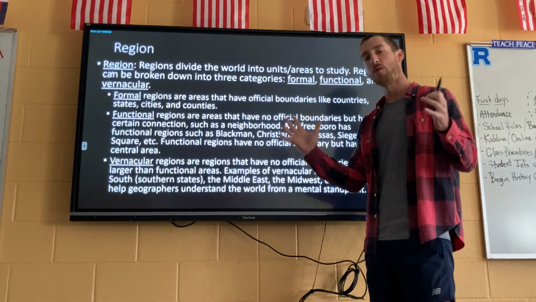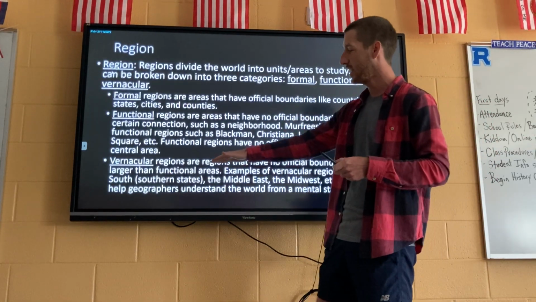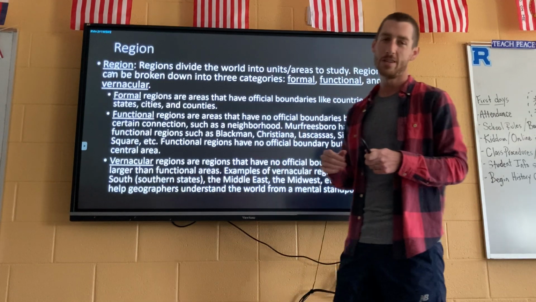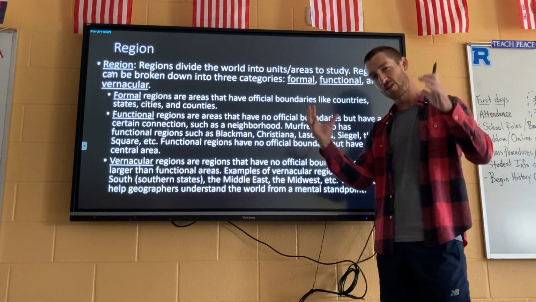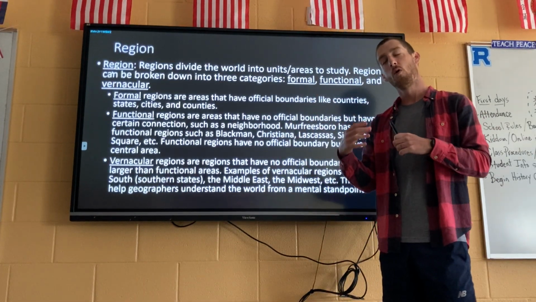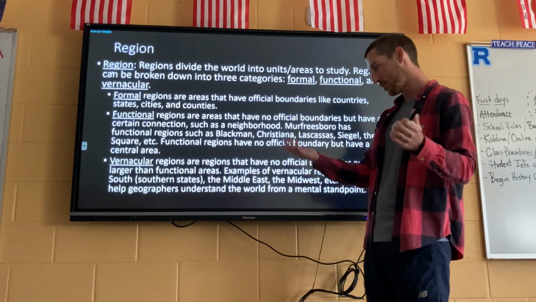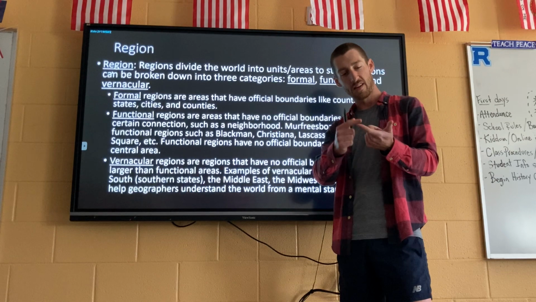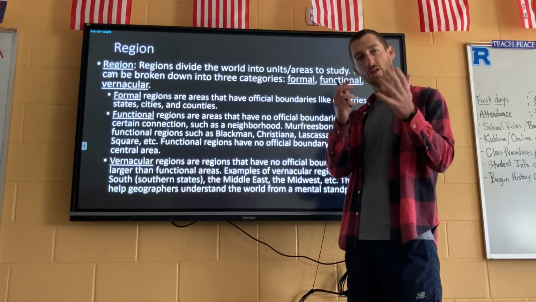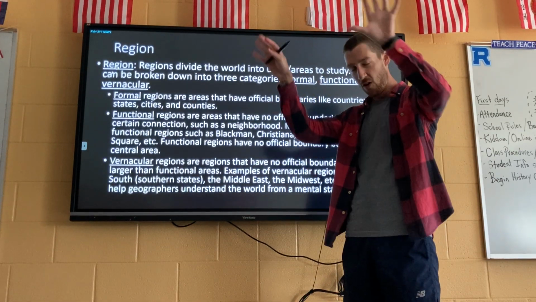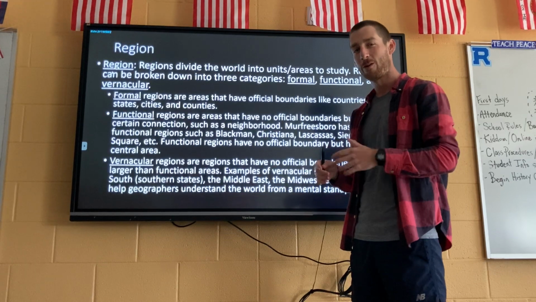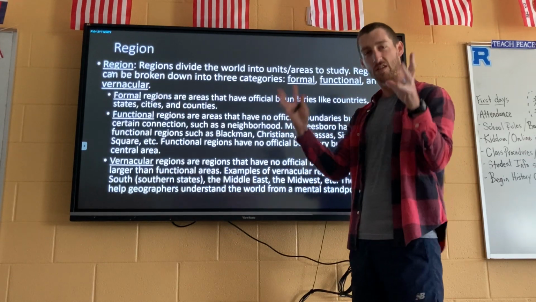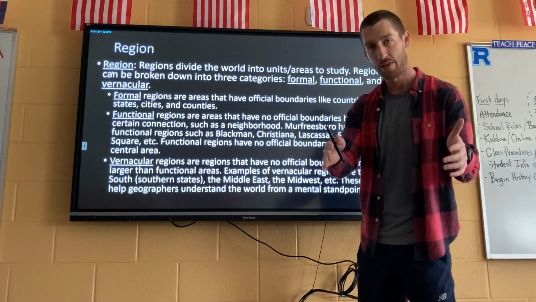Lastly, and this is the most broad or abstract one, vernacular regions. A vernacular region is just an area where the culture is kind of the same. So the biggest example that keeps popping up is the South, the American South. States like Tennessee, Alabama, Mississippi, Georgia, Louisiana, Kentucky, all these areas have a similar culture, and they just get thrown all together as the South, okay?